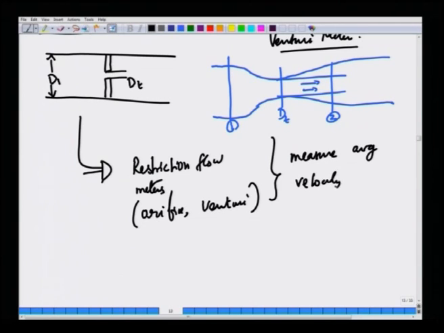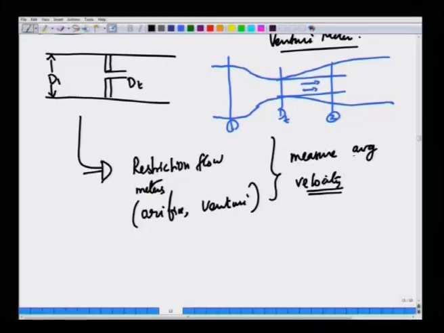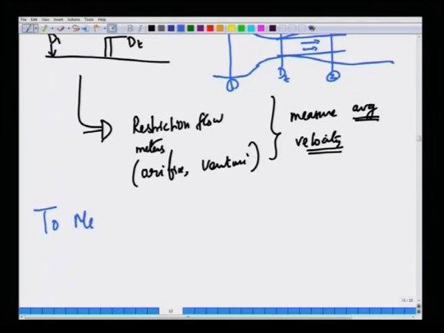They do not tell you what is the velocity at each and every point across the cross section of a pipe, they measure only the average velocity. Okay. So, if you want to measure the point-wise velocity, you cannot use restriction flow meters to measure velocity at each point in the fluid.